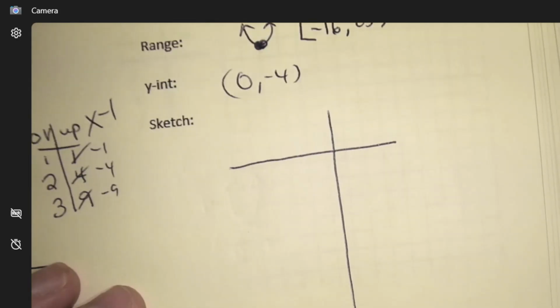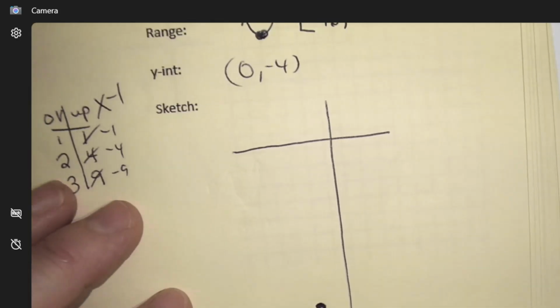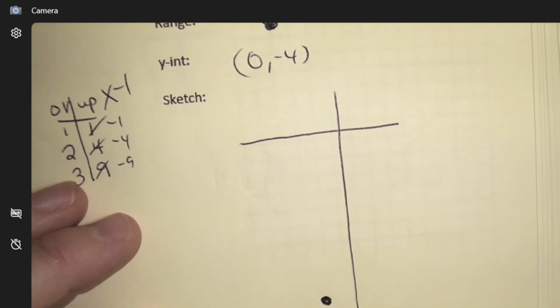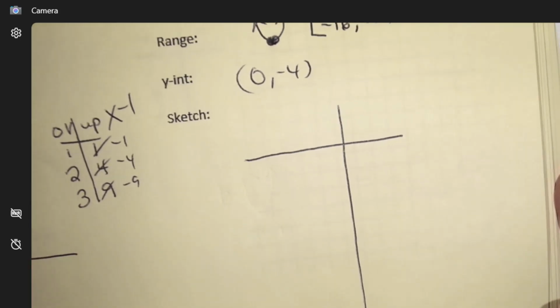Okay, I don't want to waste too much time graphing here, so can you just give me something like that? Don't worry about tick marks, because I don't want to kill 5 minutes of you just sketching here.